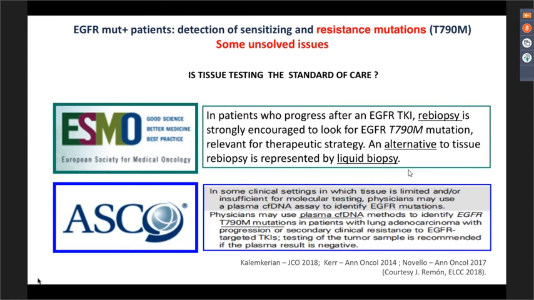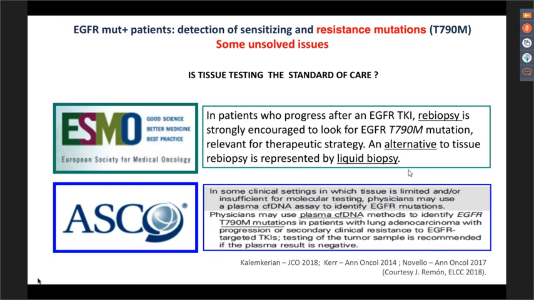The guidelines have not really clarified this point, especially in the cases where resistance mutation has to be analyzed. This is still an unsolved issue, and there are some guidelines that strongly recommend a rebiopsy, whereas in the case of ASCO guidelines, for example, their recommendations are more open, and they recommend that plasma could be a matrix, but also rebiopsy in some other cases.